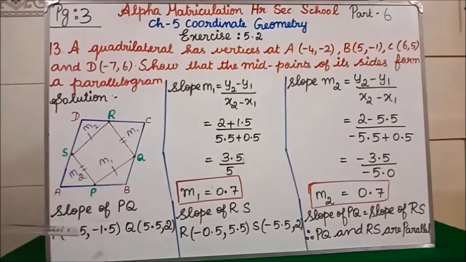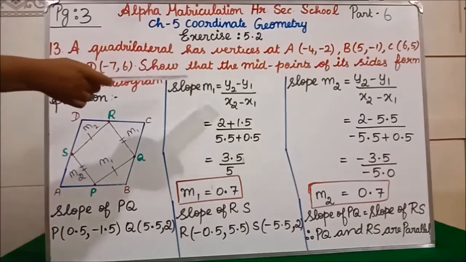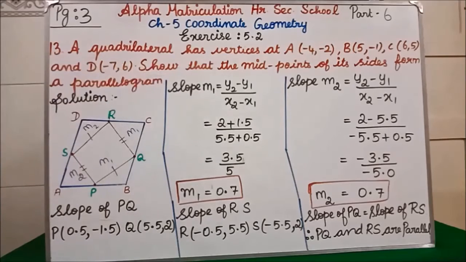Slope of PQ. P point, what we have got now? 0.5, comma minus 1.5. Q point is 5.5, comma 2. Now the 2-point formula, what is it? Slope M1 equal to y2 minus y1 divided by x2 minus x1. You all know what x1, y1, x2, y2 are, isn't it? I will write it with the pen now.